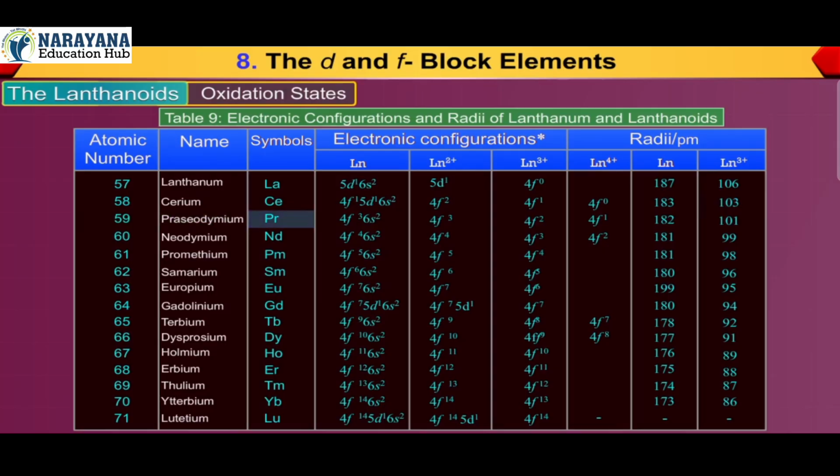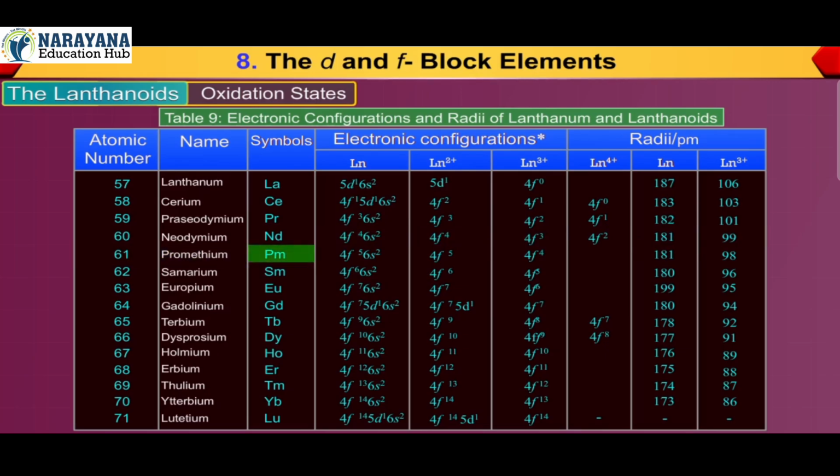Praseodymium, Pr, 4f3 6s2, 4f3, 4f2, 4f1, 182, 101. 60. Neodymium, Nd, 4f4 6s2, 4f4, 4f3, 4f2, 181, 99. 61.